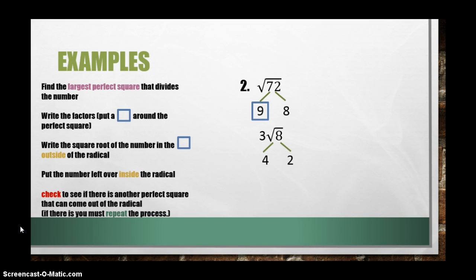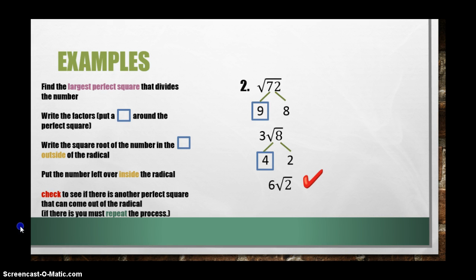That number would be 4. So we repeat the process. We put a square around the 4, take the square root of 4, which is 2. Now you have to multiply that number by what's already outside. So that 2 times 3 is 6, and then the 2 that was another factor gets back under the radical. There's no other perfect square that will divide 2, so we're complete with this problem.